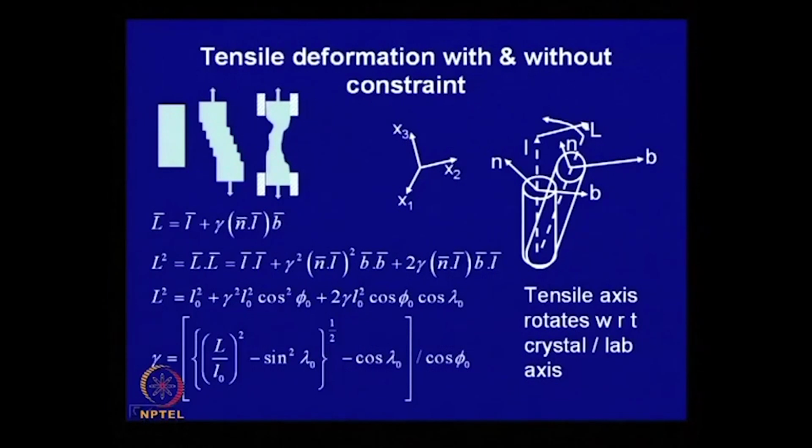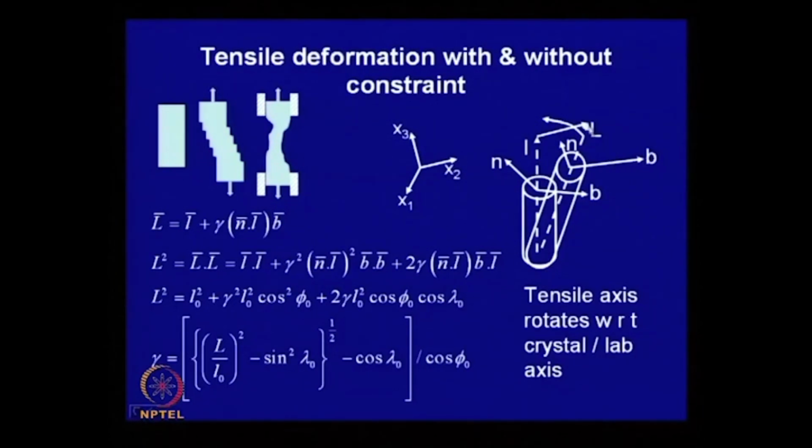So, let us say as a result of this deformation, suppose slip, the sample takes up this orientation, and the constraint of testing will force this tensile axis to rotate to this position.